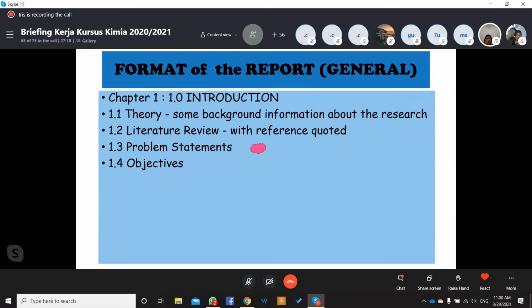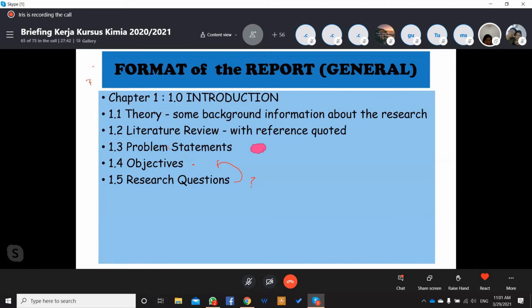Measurable means you can collect data or through observation. So 1.5 is related to 1.4. So this is a question mark, but this is a statement. This is a full stop.